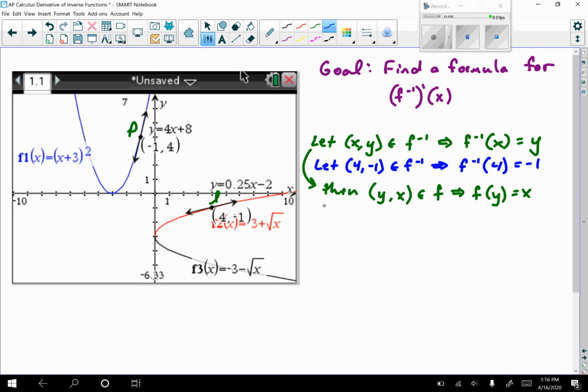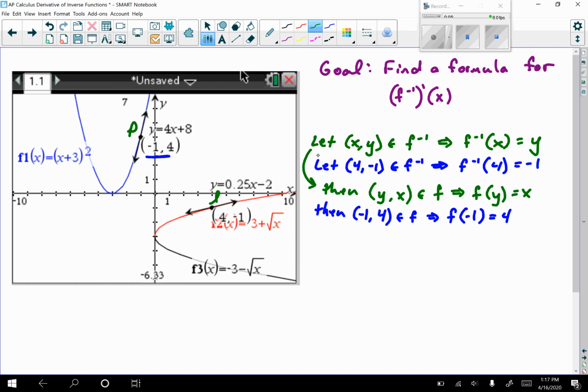Then continuing with what's in blue, this means that the point (-1, 4) is contained on f, which implies that f of -1 is going to equal 4. And looking at this point, f of -1 equals 4, and then down here the inverse of f of 4 equals -1.